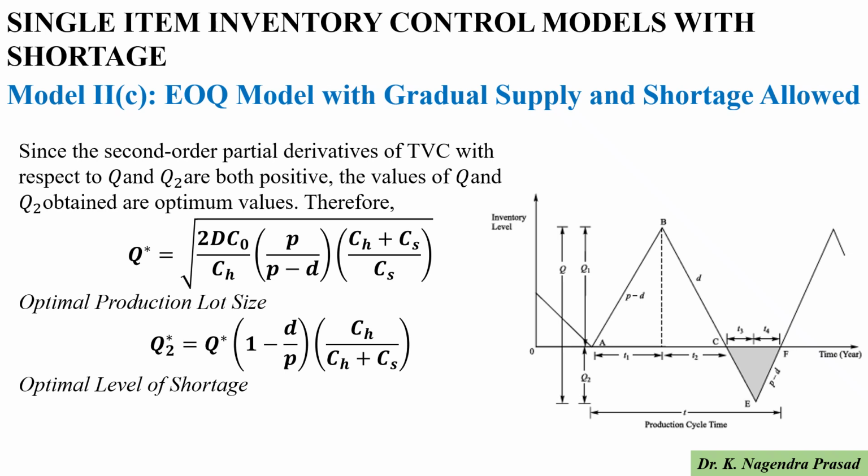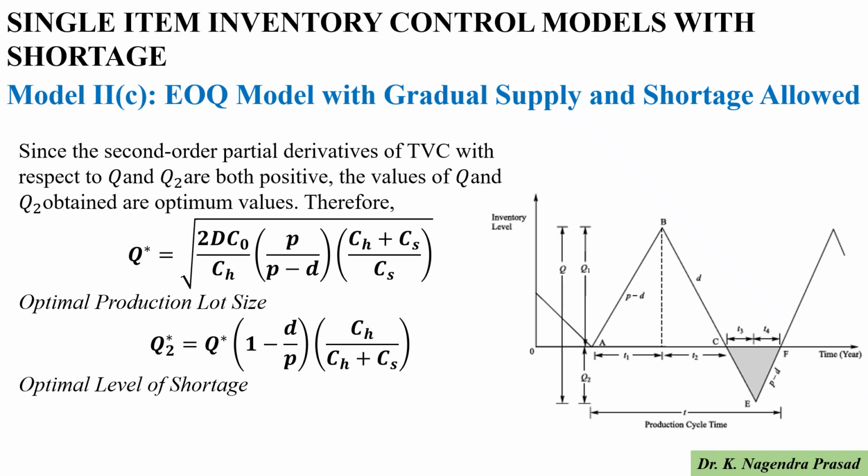Since the second order partial derivatives of total variable cost with respect to Q and Q2 are both positive, the values of Q and Q2 obtained are the optimum values. Therefore Q star equals the root of 2D C0 by CH into P divided by (P minus D) into (CH plus CS) divided by CS.